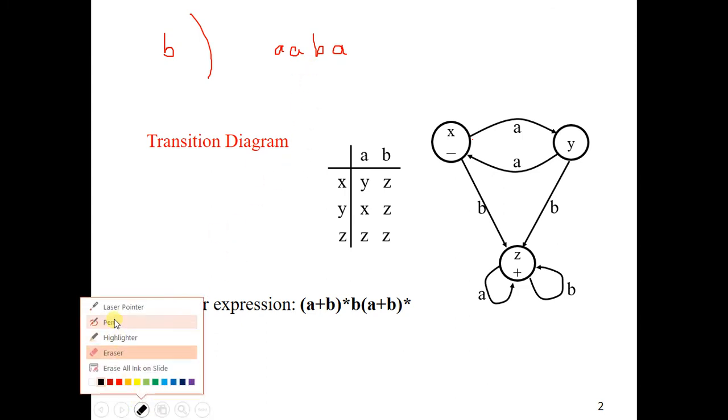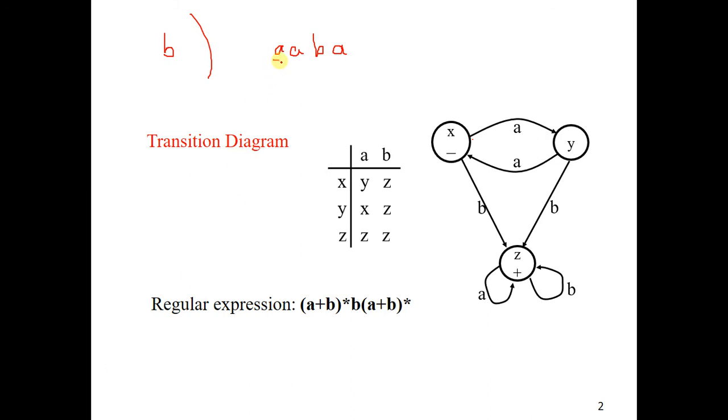You read letter A and you start from starting state X, you will go to the state Y, and then you read letter A, you will come back to the state X, and then you read the letter B, and once you find a B, you will ultimately reach the accepting state Z. And once you are here, you are not going anywhere, you will stay here no matter whatever letter you read. So here you read a letter A again, so you stay here. Because this word contains the letter B, it will be accepted.